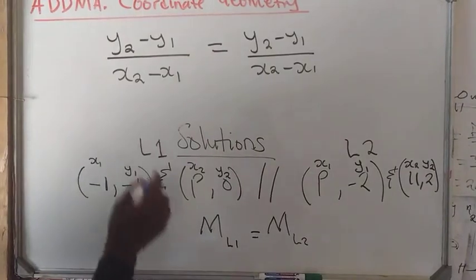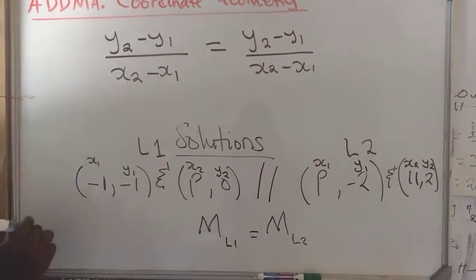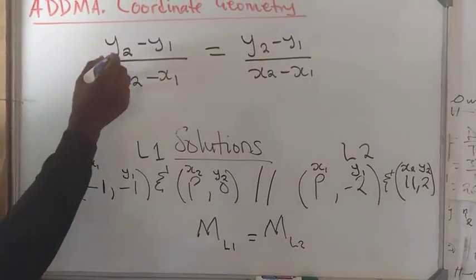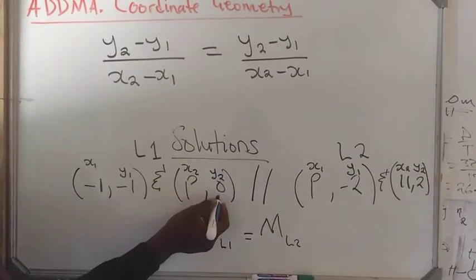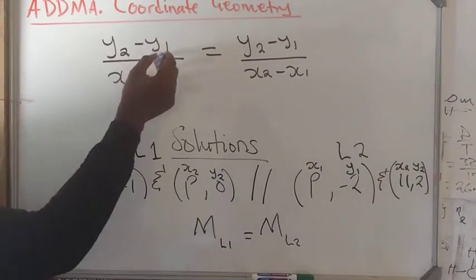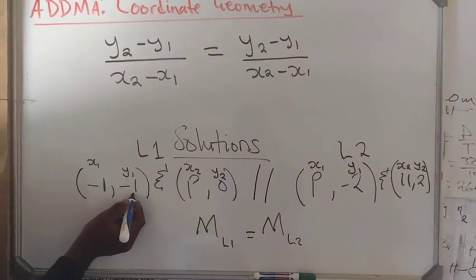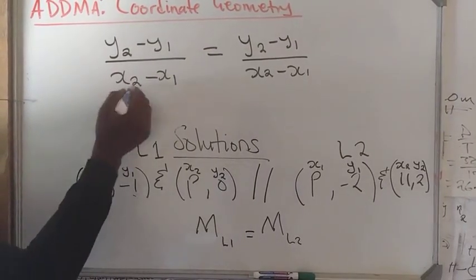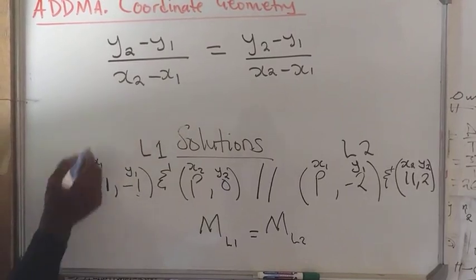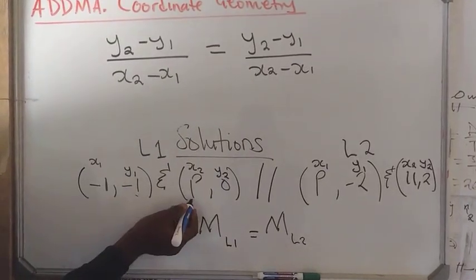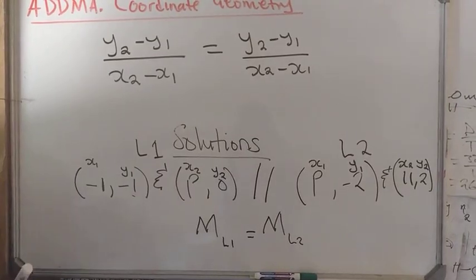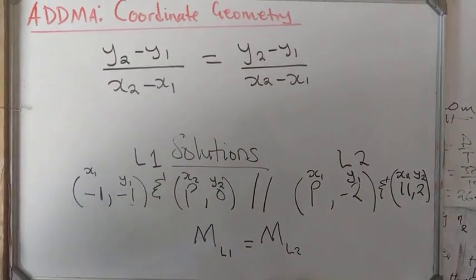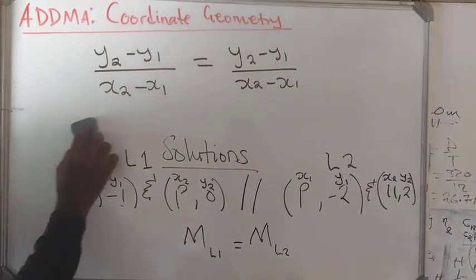Under line 1, where there is y2 we put 0. Where there is y1 we put -1. Then in the denominator, where there is x2 we put p, and where there is x1 we put -1.